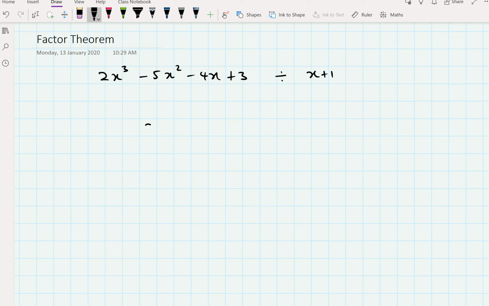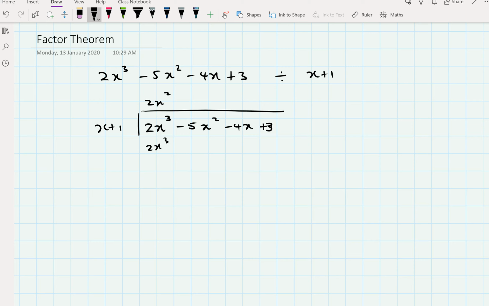Well, if I take my division algorithm and do it long division wise, it's going to look something like this. I get x plus 1. This is going to be 2x squared, 2x cubed plus 2x squared.